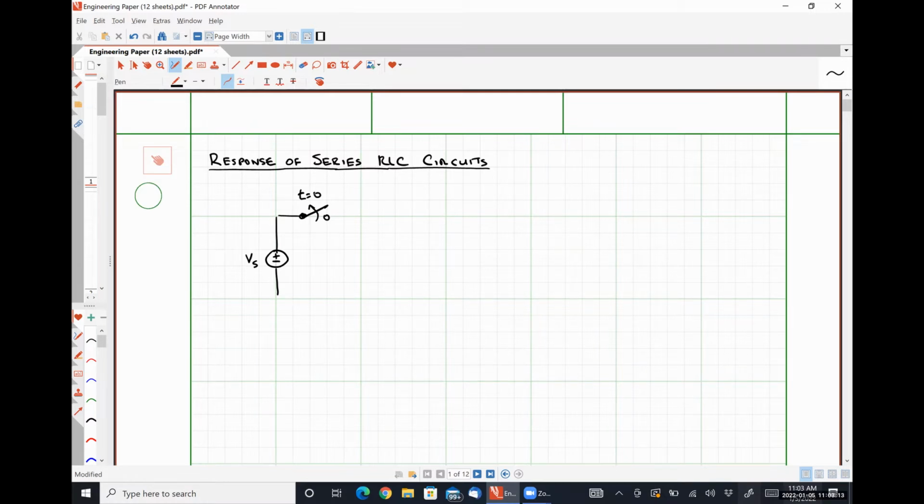So our switch is going to open, removing our source from our circuit, which consists of a resistor R, an inductor L, and a capacitor C, like so.